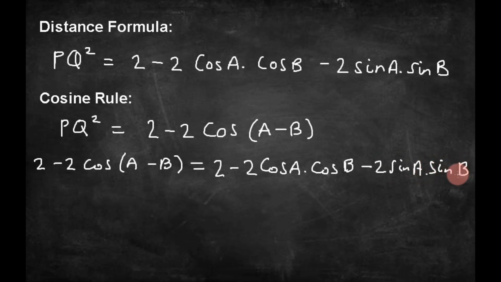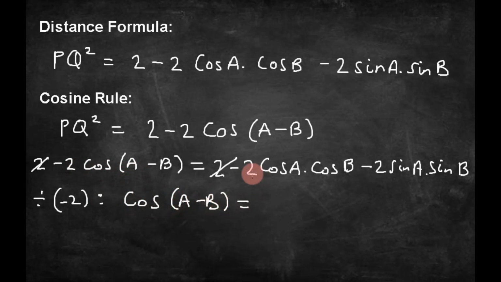the sine of B. We can simplify this equation. The 2's will cancel on both sides. And then we can divide through by negative 2. Then on the left-hand side, we're going to be left with the cos of A minus B. On the right-hand side, the negative 2 will cancel out here, as well as over here.